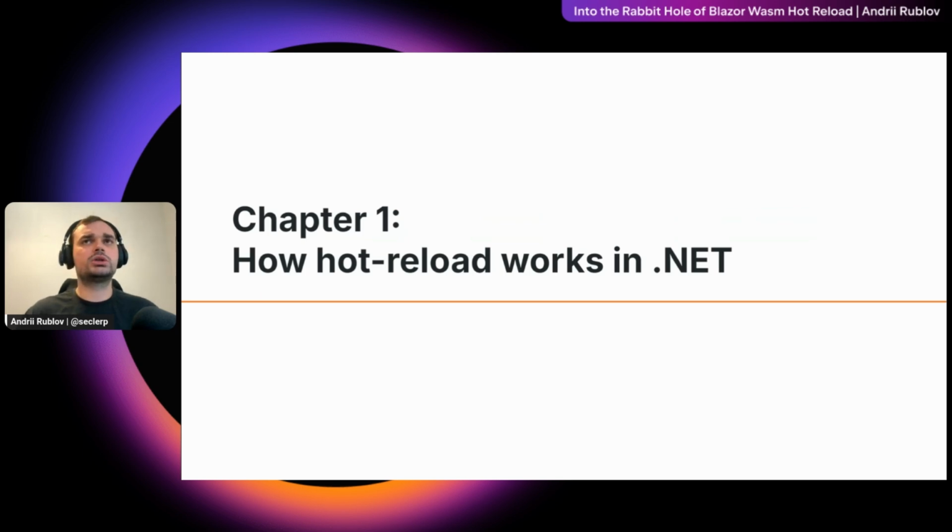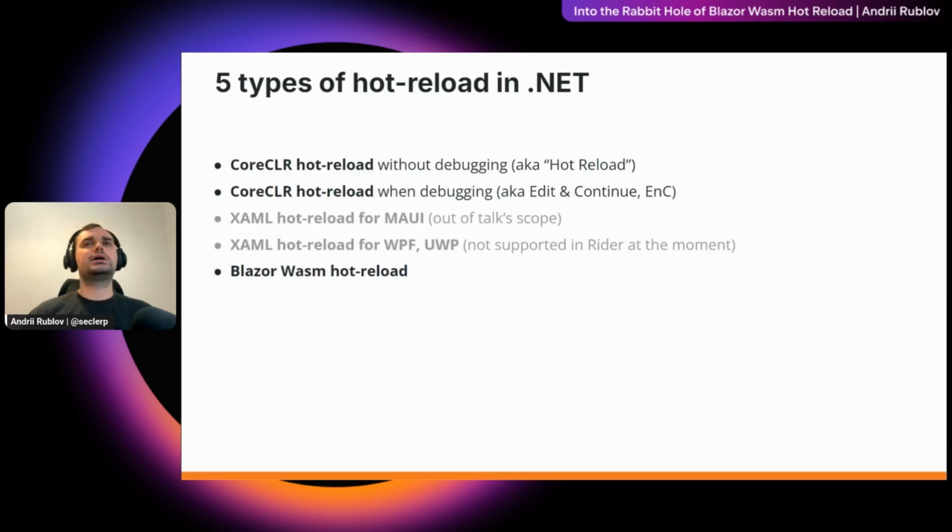Now that we've talked through the concept, let's take a bird's eye view of the state of implementation of hot reload infrastructure in .NET in general, without being tied to a specific framework. Currently, there are about 5 different implementations of hot reload functionality in .NET, depending on the platform, its capabilities, and user needs.